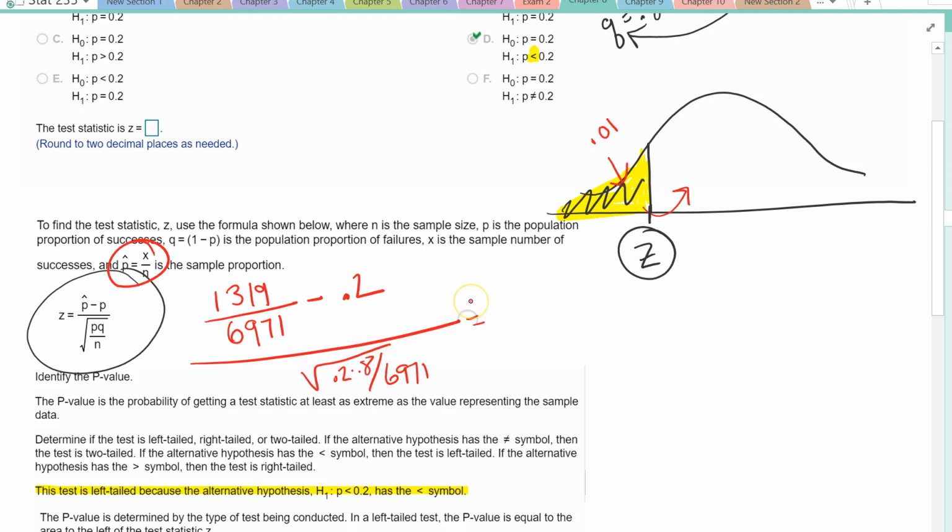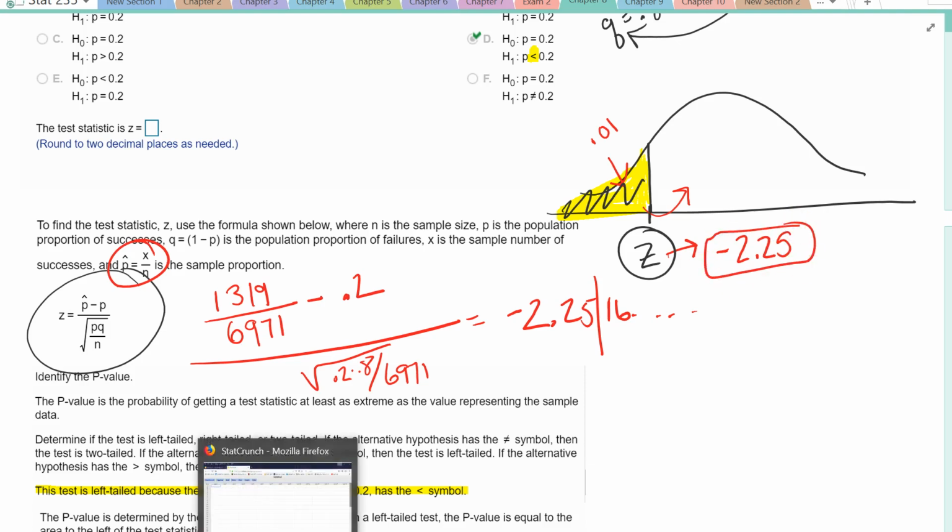If you plug that in your calculator, you should get minus 2.2516, and so forth. This asks us to round to 2 decimal places, so minus 2.25.